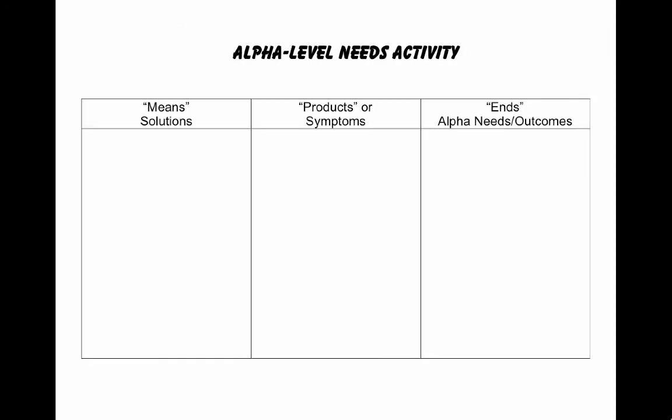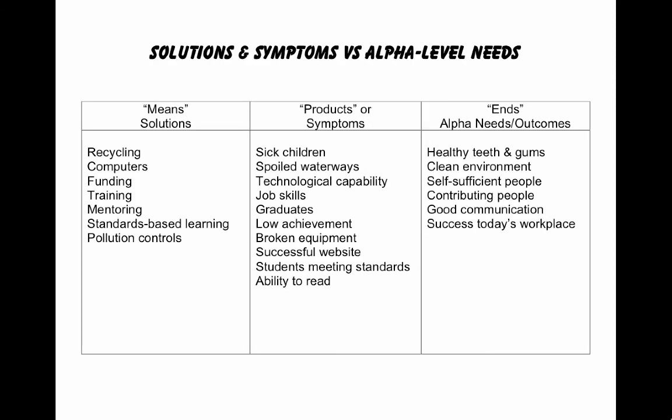Okay, we're back to our alpha level needs activity. So you may want to pause the video and go back and think about if you've put things in the wrong places. Okay, here are the answers. In our means column, we have recycling, computers, funding, training, mentoring, standards-based learning, and pollution controls.